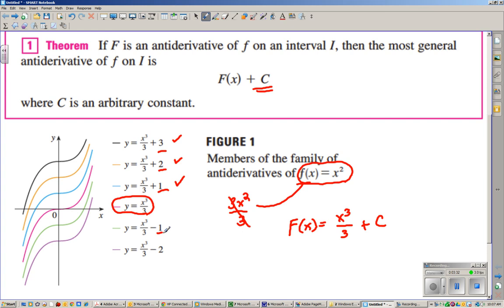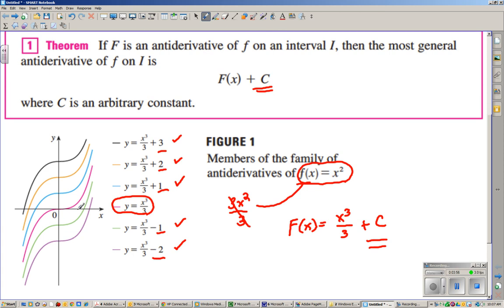And if we try to go backwards, we cannot account for or pick up this so-called constant. So we recognize that it's there by just adding it on the end and saying we don't know which curve it is, but this whole family of curves is related.